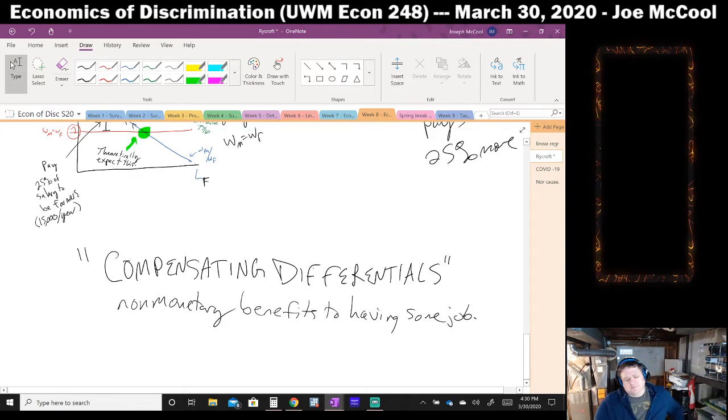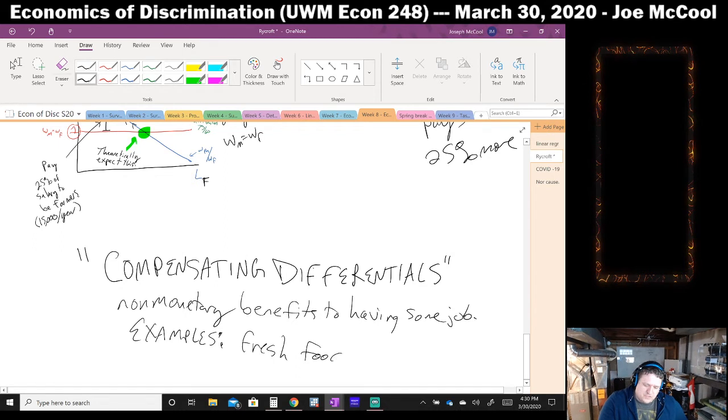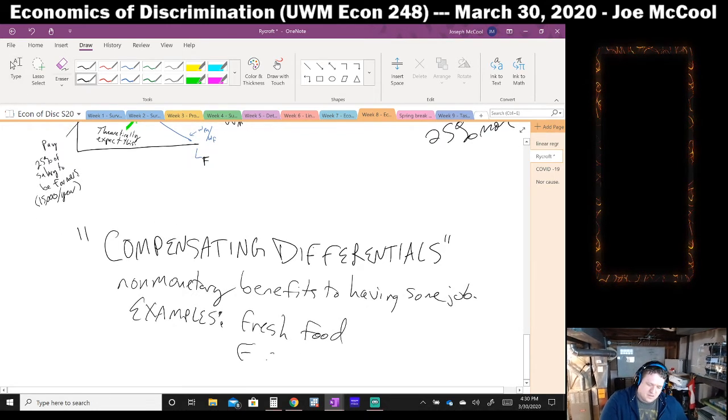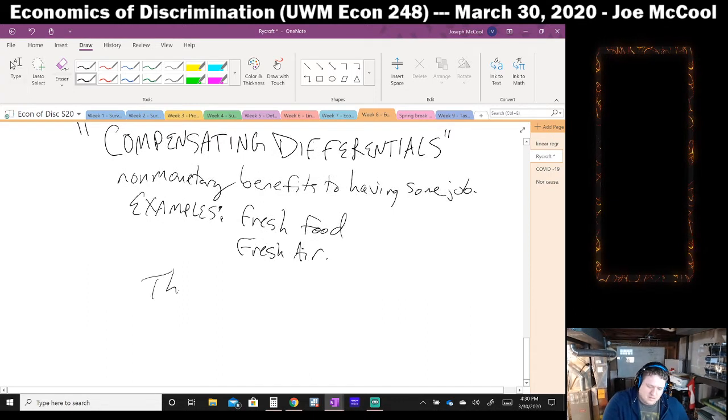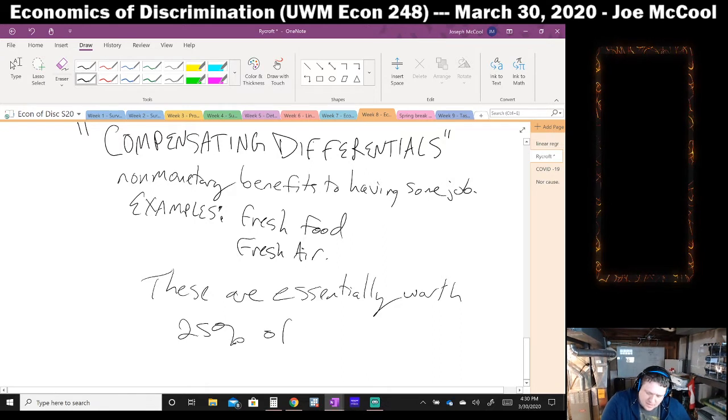So, examples: fresh food, fresh air. These are essentially worth 25% of a miner's wage.